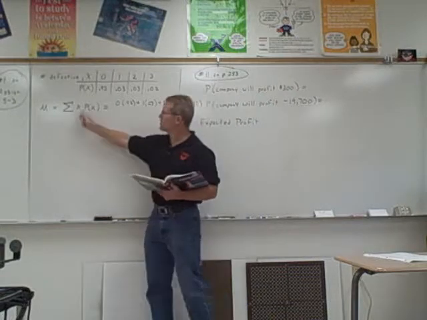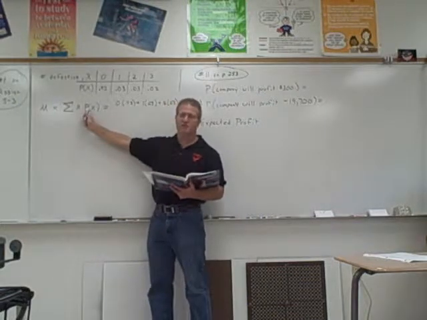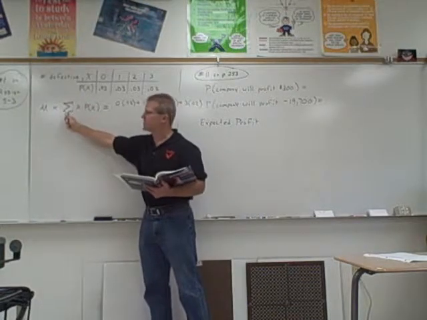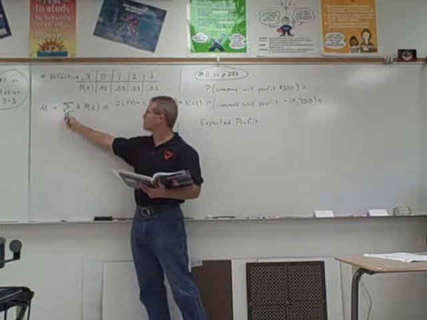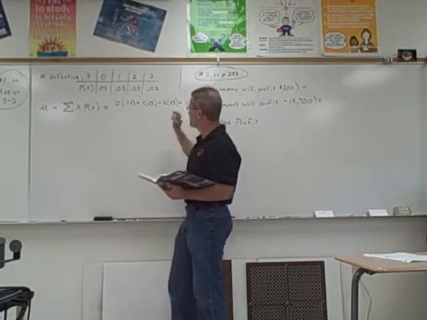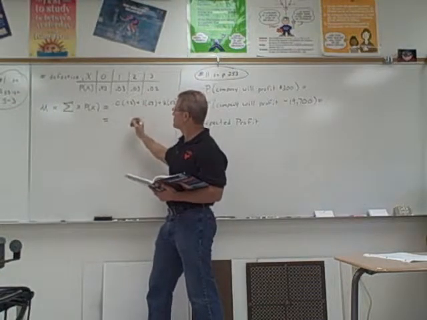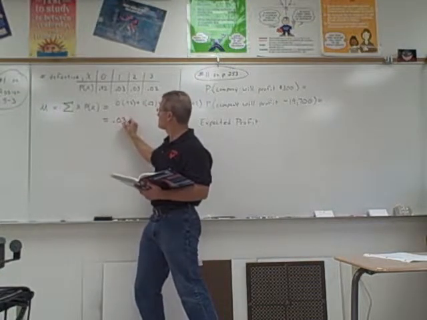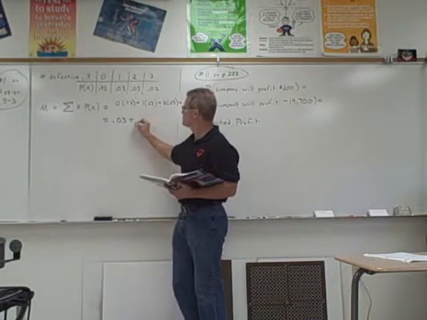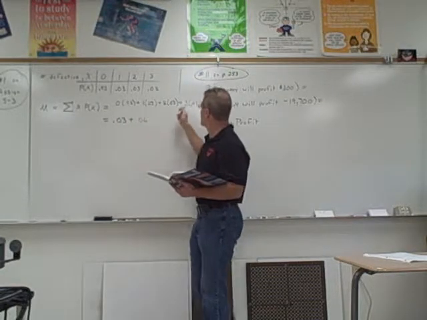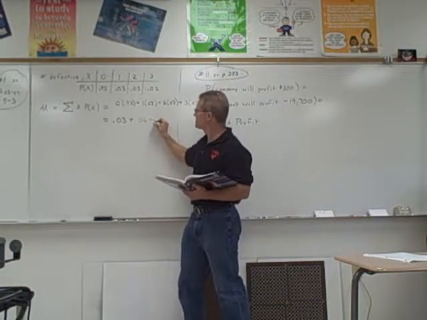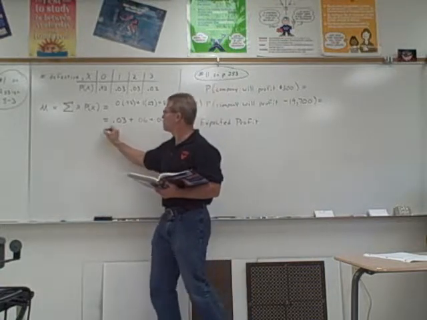Notice that we're multiplying our x's and our p of x's first, then this symbol, the capital sigma, tells us to add all those together. So you can just type that into your calculator, and of course 0 times 0.92 would be 0, 1 times 0.03 would be 0.03, 2 times 0.03 would be 0.06, 3 times 0.02 would be 0.06. Add those together, you get 0.15.